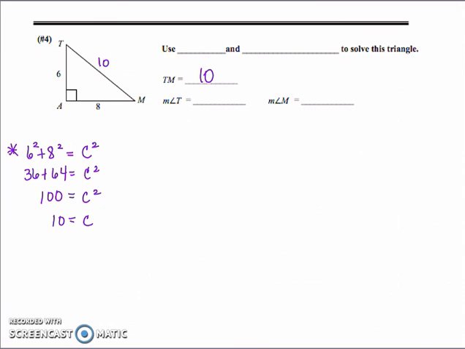So for this one, we've already used the Pythagorean theorem to solve for our missing hypotenuse, but now I am going to use inverse tangent to find one of our angles. The tangent of angle T is equal to opposite over adjacent, so the tangent of angle T is going to be equal to 8 over 6.